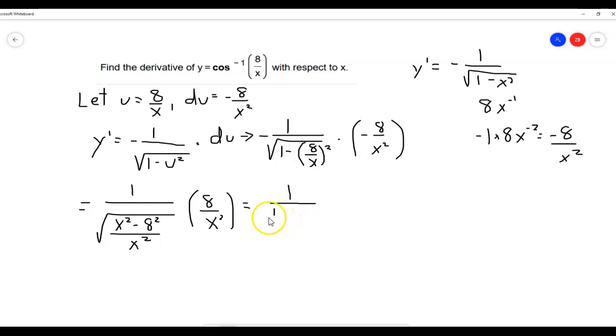So we're going to write that as 1 over the absolute value of x, like this, times, and I'll show you why I'm going to do that in a second, x squared minus 8 squared. All right, so this was just that absolute value of x squared on the bottom, over the absolute value of x squared. I just pulled it out like this, and then we have times that 8 over x squared.